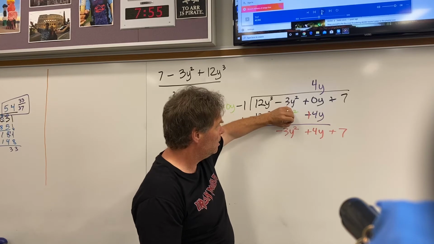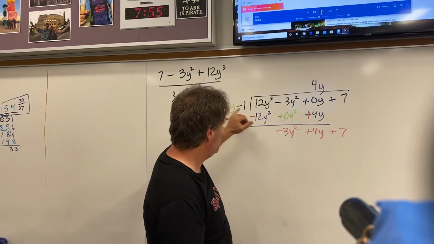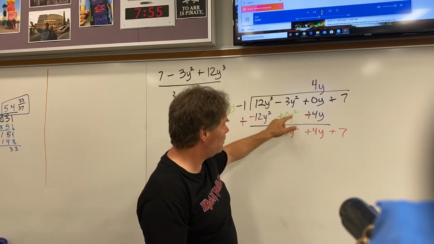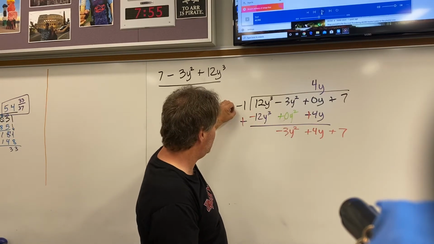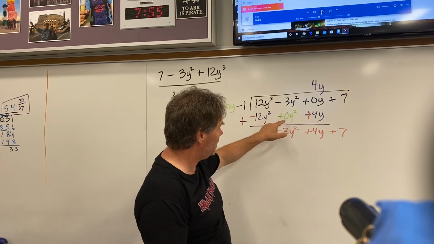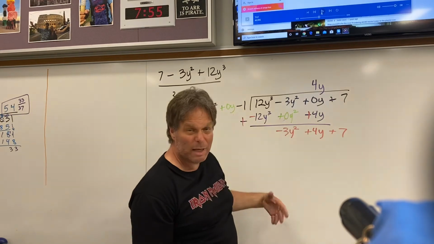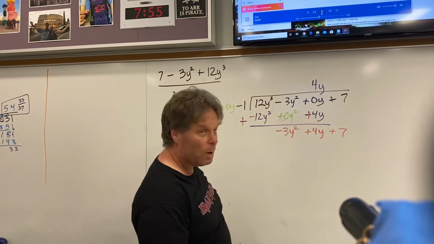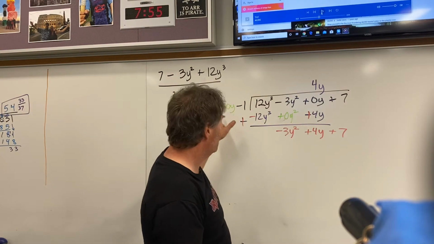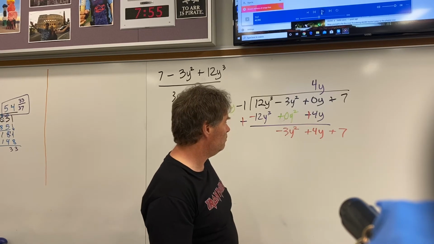Well, it really doesn't matter if I put my 0y here and call this 0y squared, or if I leave this blank and just put my minus 4y over here, leaving this blank. These are both going to net out to be 0 anyways, so it really doesn't matter. I could put the 0y in, or I don't have to out here, but inside here, you need to account for every missing term.